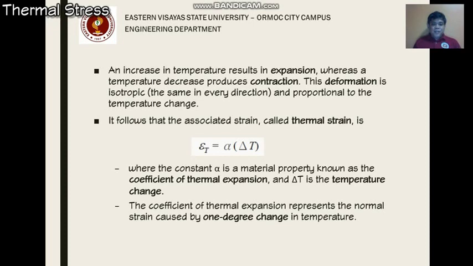You already have encountered this property in your surveying. So, in your surveying, during your measurement and your layout, you are actually asked to determine the error from a temperature change. And one property there is the coefficient of thermal expansion.